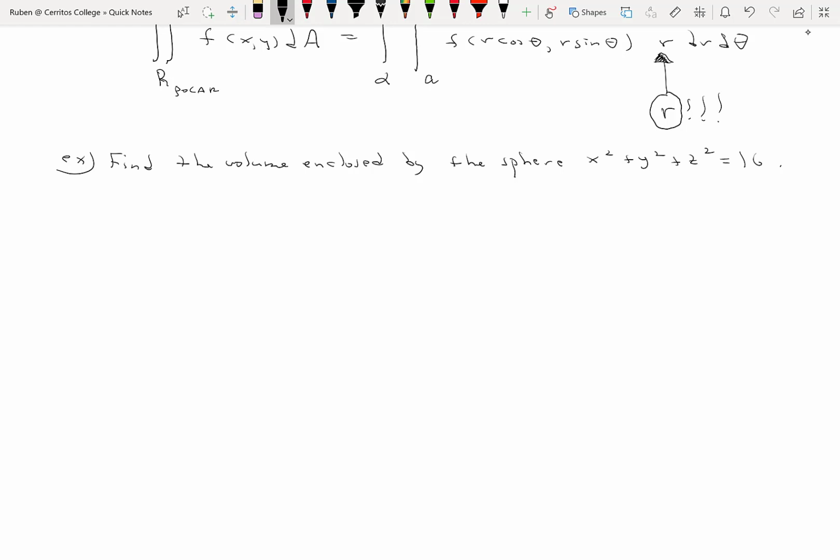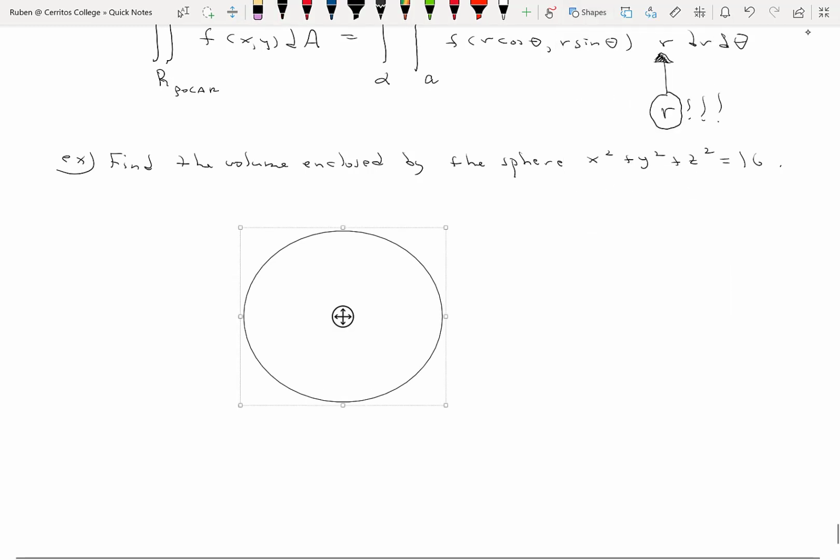The solid we're considering is a sphere. Let me see if I can do a drawing for us.